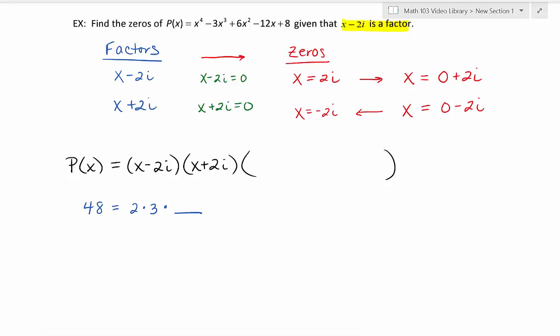We could either divide 48 by 2 and then that answer by 3 to get the last factor, or we could multiply the 2 and the 3 together, get 6, divide 48 by 6 to get the third factor. Since you don't know how to divide by imaginary numbers, we're going to want to choose the second option, where we multiply the 2 and the 3 together and then divide 48 by 6.